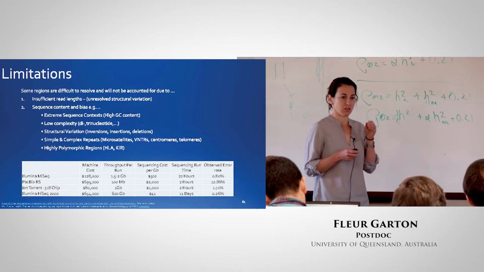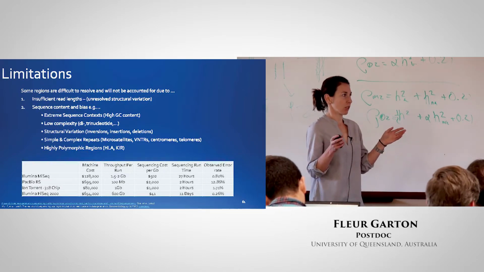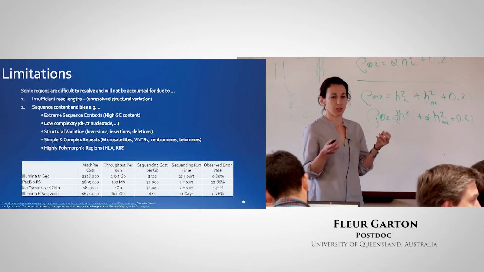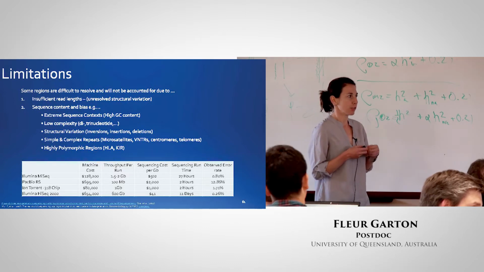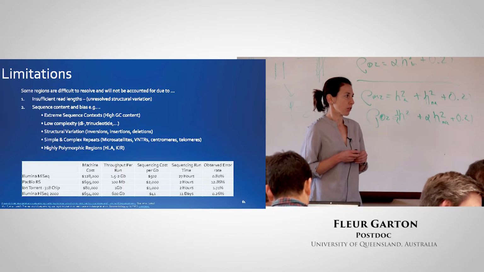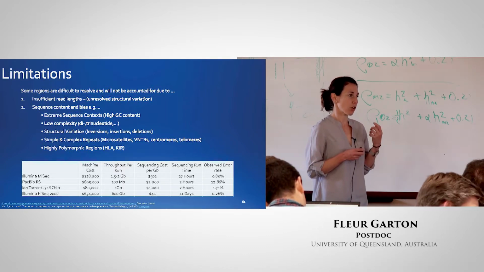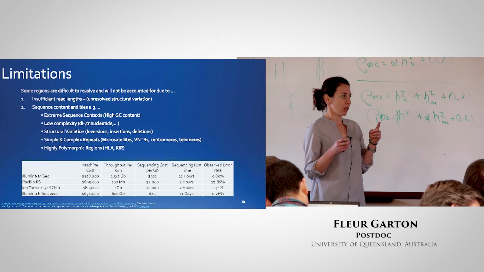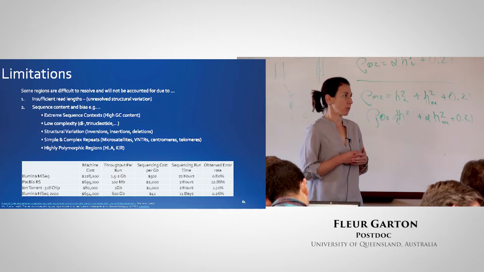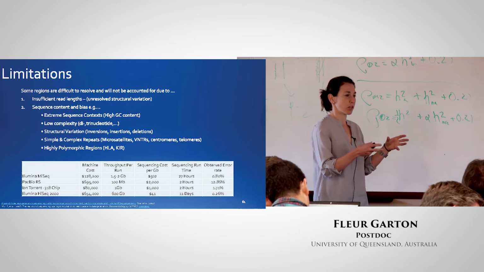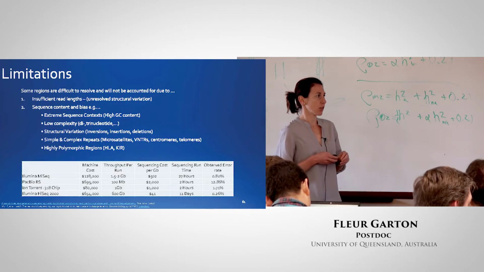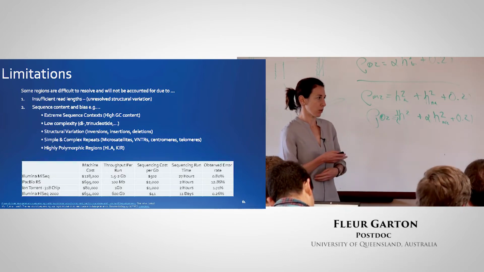Insertions is just an extra base in a sequence, and the same thing with a deletion. So it could be one base, it could be 5, it could be 10. If it's just one codon, then it's okay, but if it's a single base, you'll get an entire frame shift, so that can be more severe. And these structural variations are difficult to pick up in these fragmented next generation sequencing approaches.